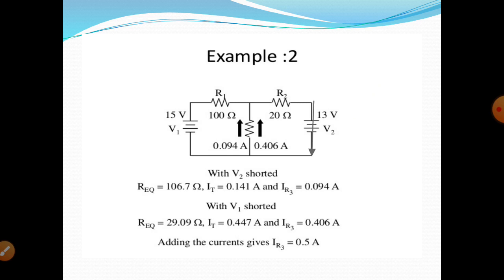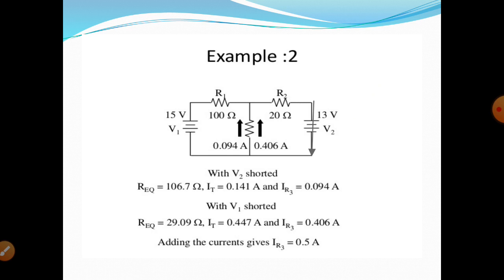Next, V2 is short circuited, that means the voltage source is removed with the help of a short circuit, and we find the values of I1 and I2 again using mesh analysis.